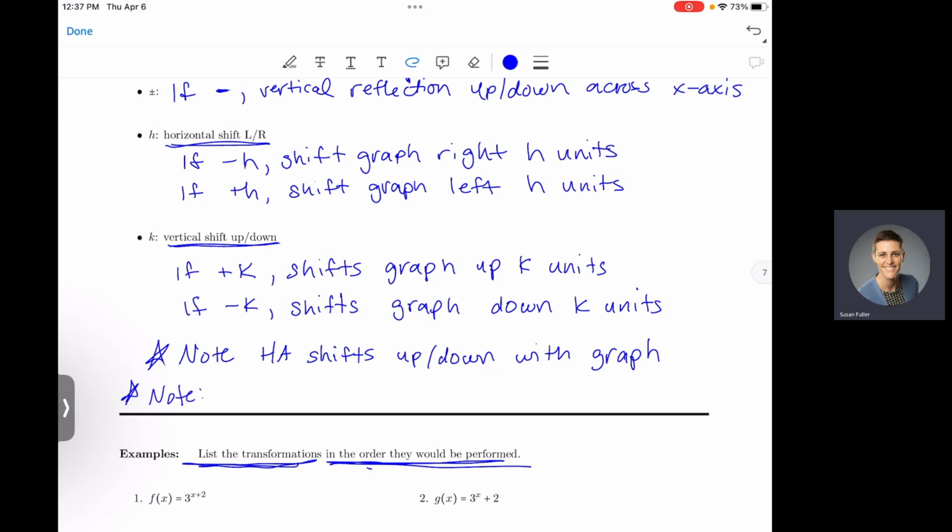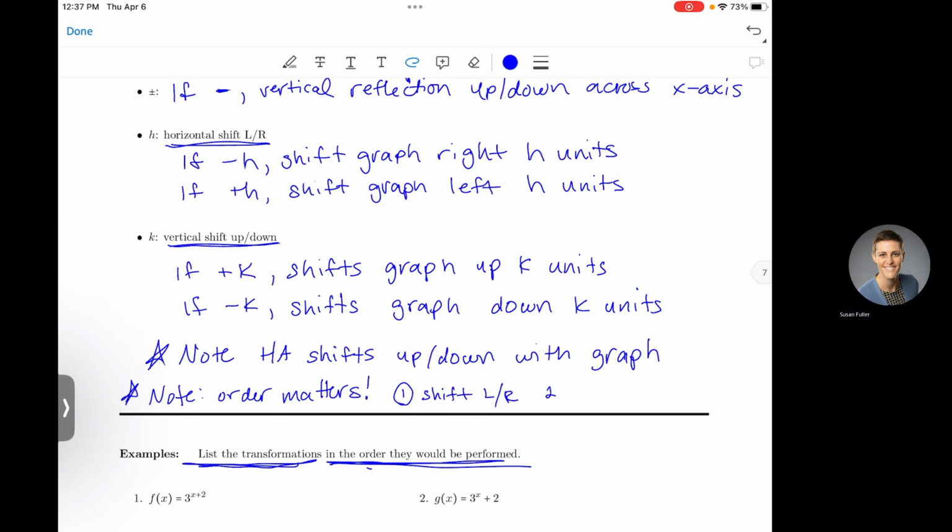So I'll say, note: order matters. The first thing that you're going to do is shift left and right. You'll move left and right, any horizontal shifting that you have. The second thing that you're going to do is any reflections that you have.